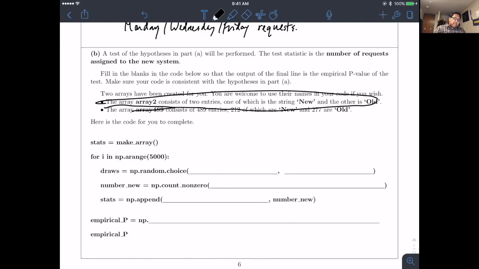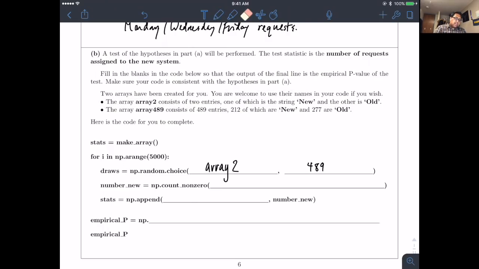Right? So every time, for each of the 5,000 times, we're going to randomly choose something from array 2. And how many times are we going to do that? Well, 489 times, because that's what occurred here. We had 489 requests, 212 were new, 277 were old. We had 489 total. And we're going to count the number of times that this draws list was equal to new. Right?